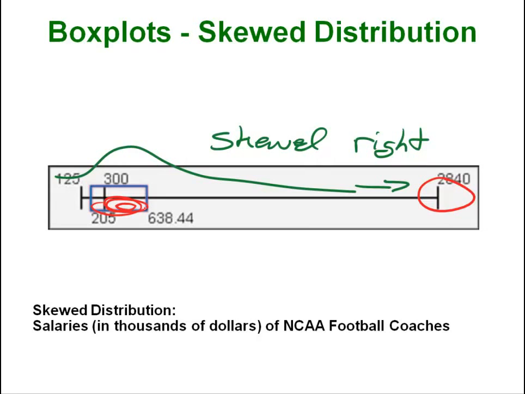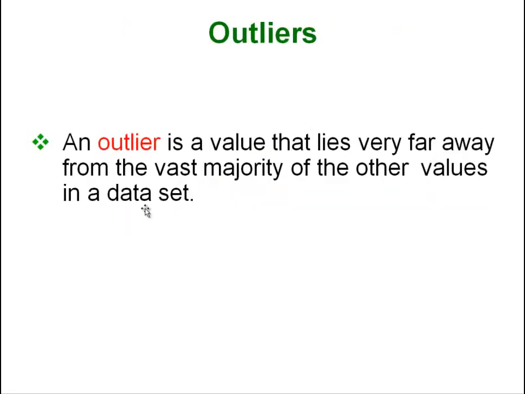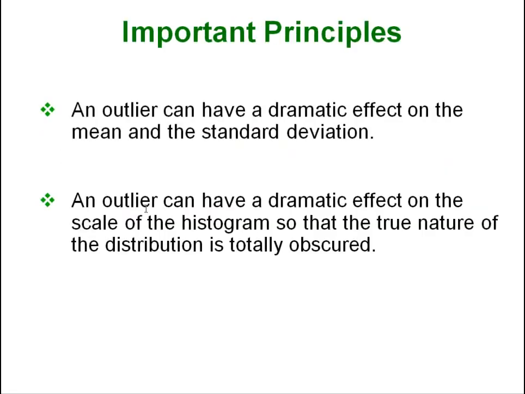So that would be an outlier most likely. An outlier has huge effects, as we've said before, on the mean and the standard deviation, and it can also screw up your histogram if you're trying to describe your data visually, because now all of a sudden you have to have a bin that's way out where the outlier is, and so your scale gets all messed up.